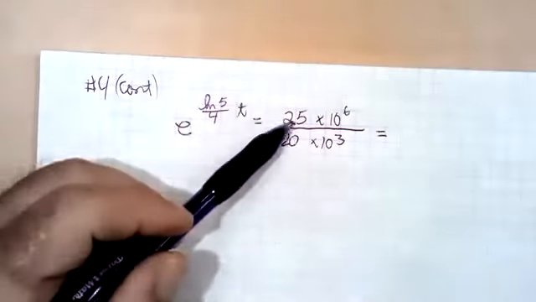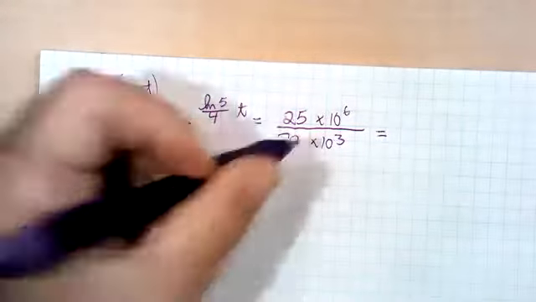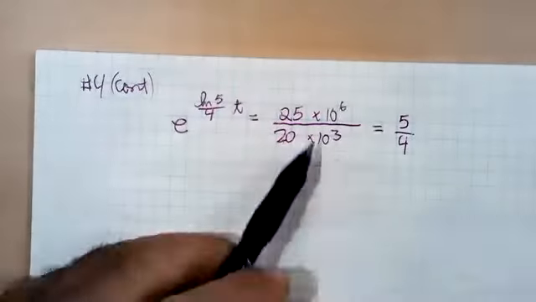This is 5 fours, right? And 10^6 over 10^3 is 10^3.